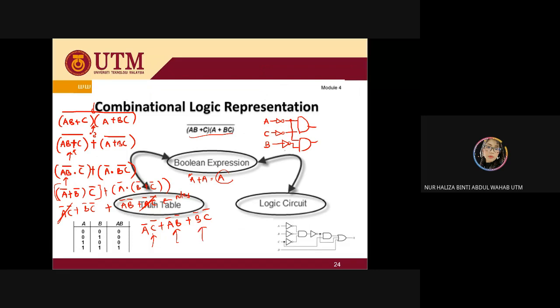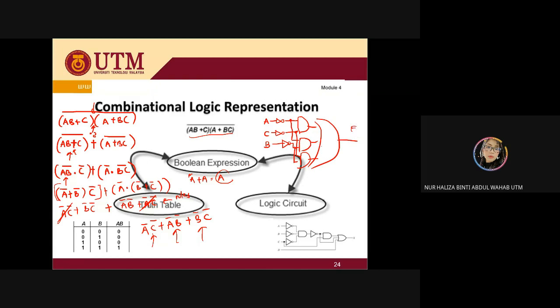And we have another one is B bar, C bar. From here, you have the OR gate. So this is basically the output.